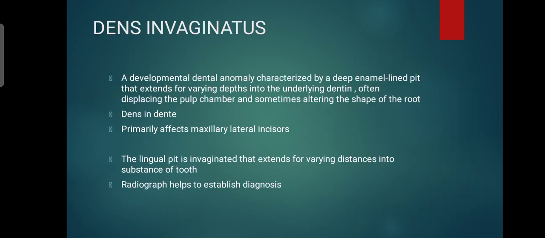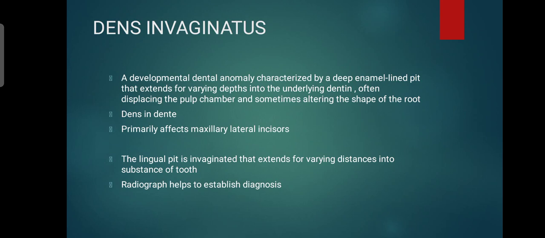Now, the next topic is dens invaginatus, which is also known as dens in dente or tooth within a tooth. It is a developmental dental anomaly which is characterized by a deep enamel-lined pit that extends for varying depths into the underlying dentine, often displacing the pulp chamber and sometimes altering or expanding the shape of the root.